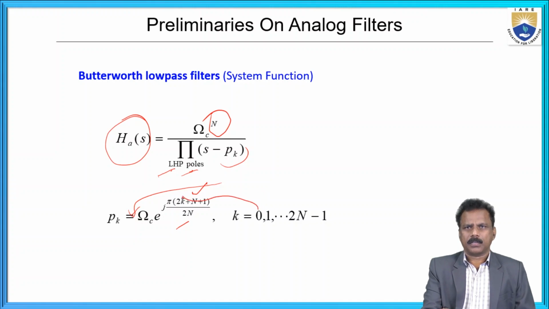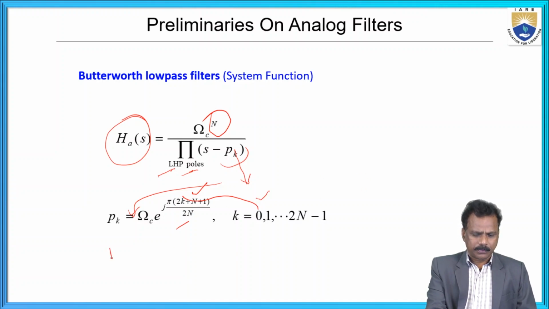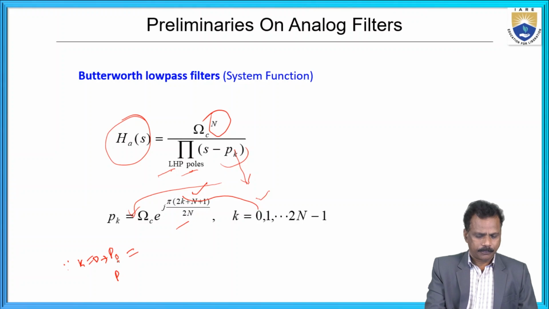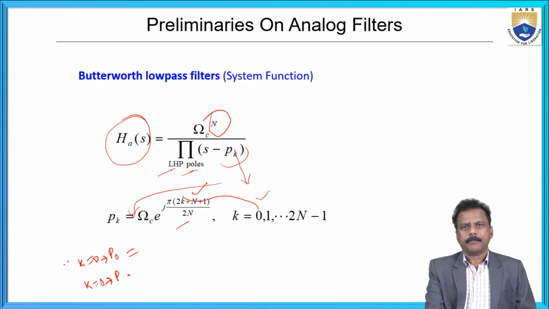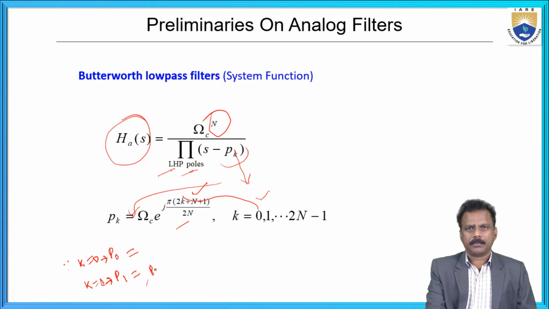We start with k equal to 0 and see how the pk value turns out. Then k equal to 1 gives p1, and it goes on like this, p2, p3 and so on up to k equal to n minus 1.